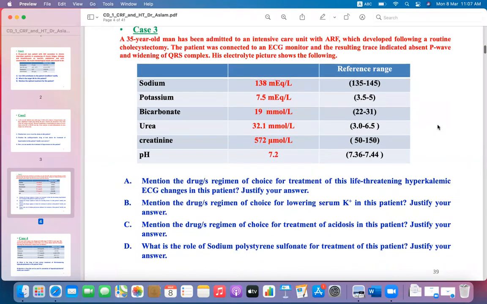Case 3. A 35-year-old man has been admitted to the intensive care unit with acute renal failure, which developed following a routine cholecystectomy.